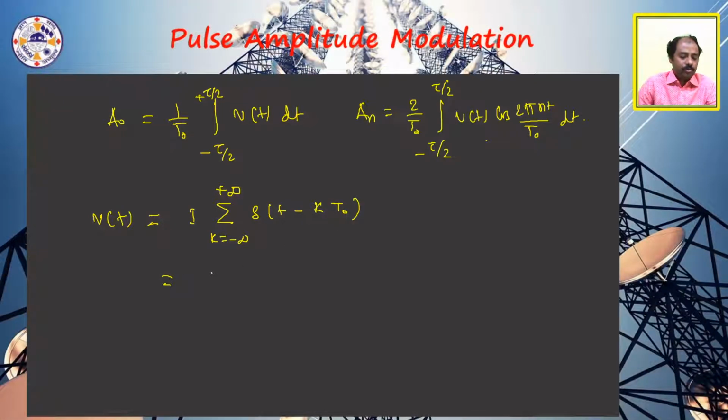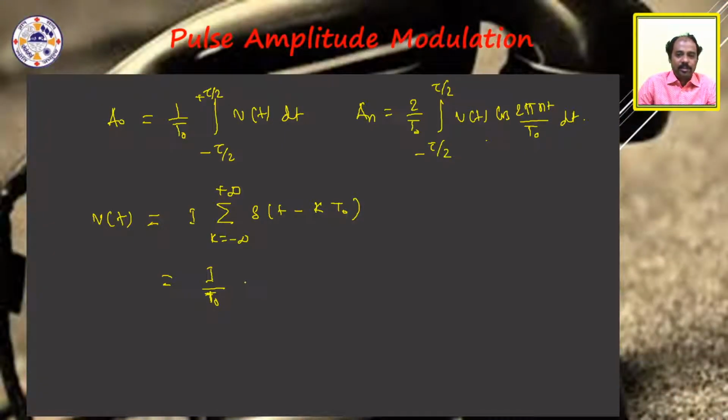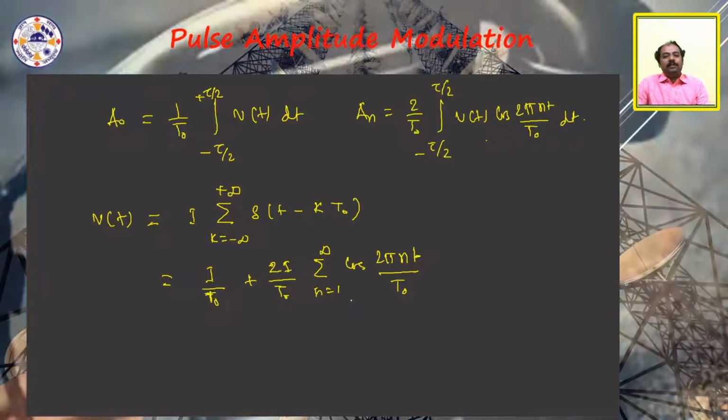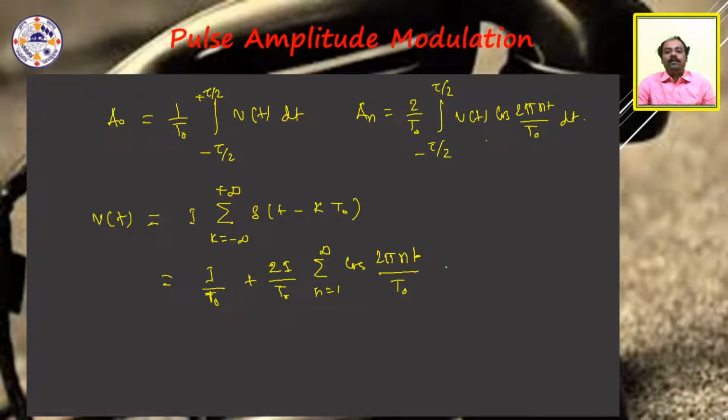So that is equals to, from our above Fourier expansion, I by t0 plus 2I by t0 into summation n equals 1 to infinity cos 2 pi nt by t0. Okay, so I have defined mathematically what a pulse is.